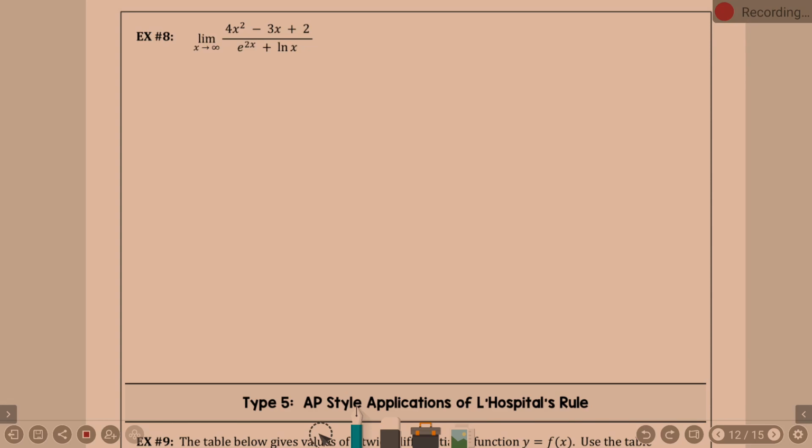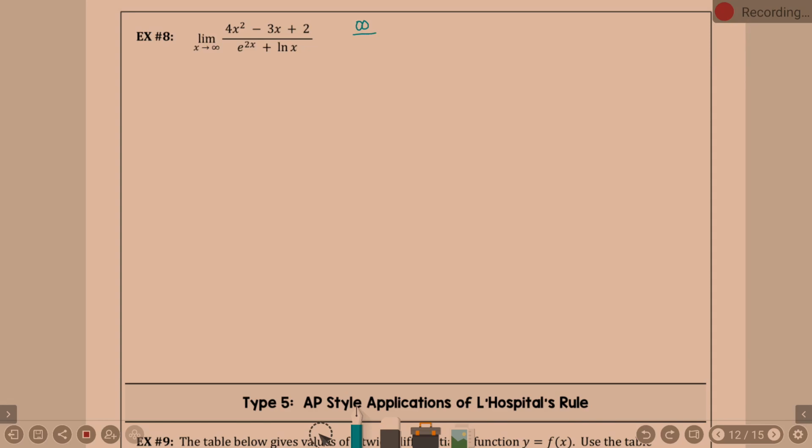It's not, that e to the 2x doesn't exactly work. So, if all else fails, can we look at L'Hopital's? Probably. Let's check: 4 times infinity squared minus 3 times infinity plus 2, over e to the 2 times infinity plus natural log of infinity.